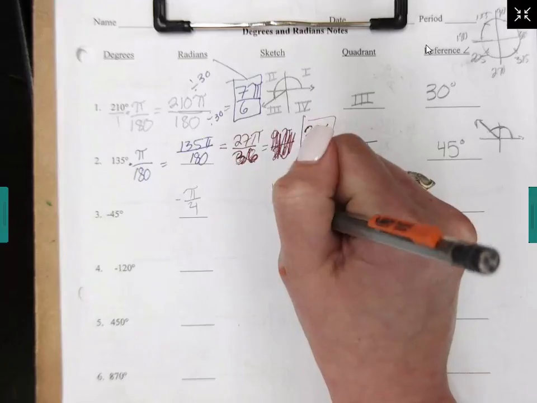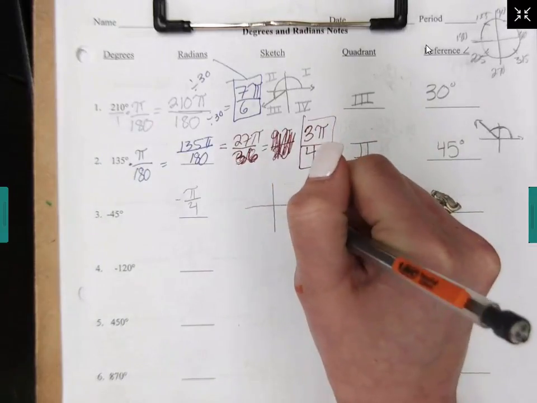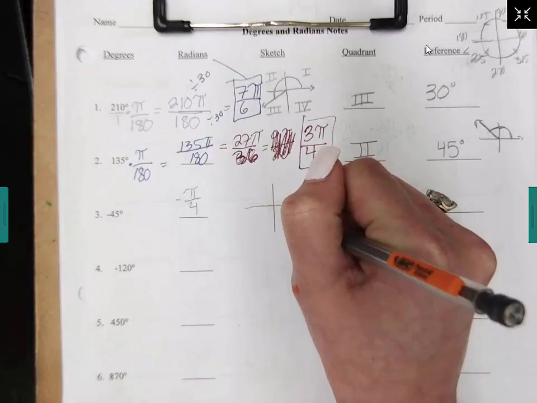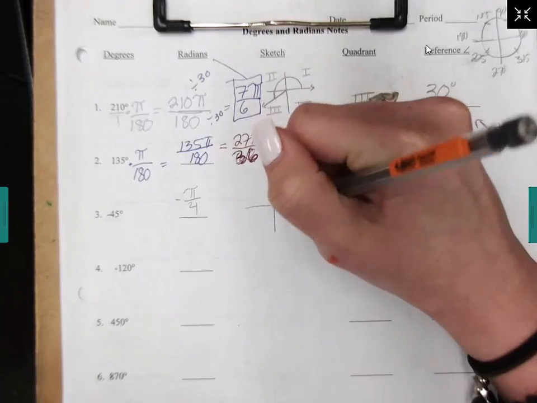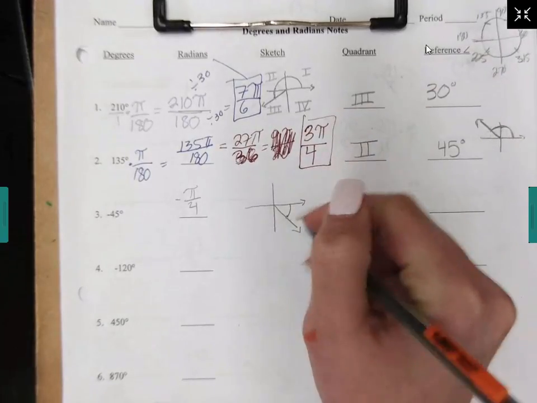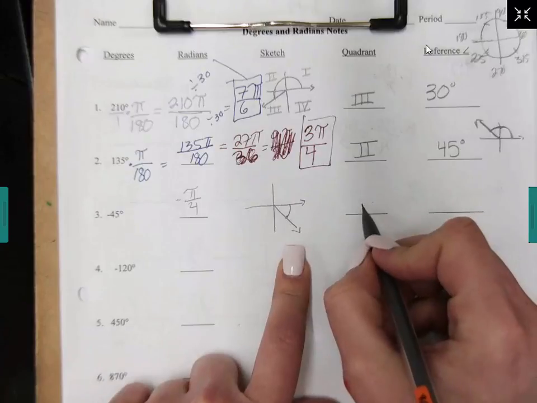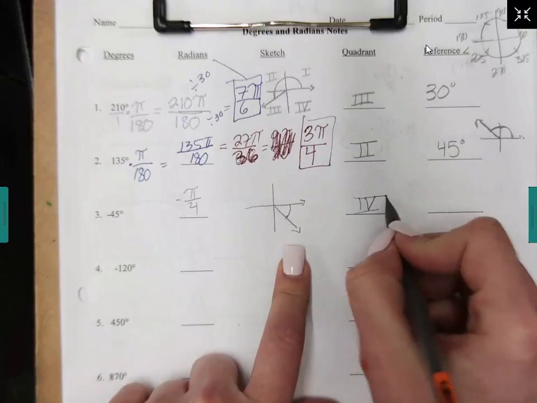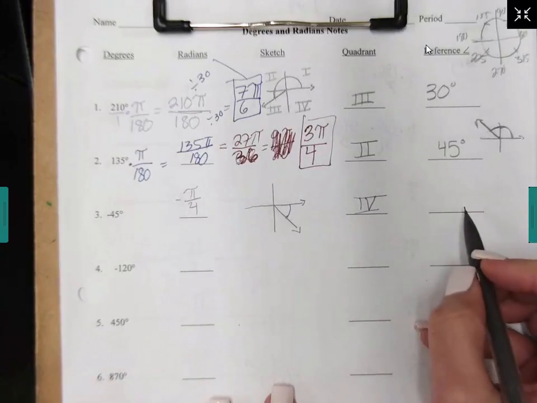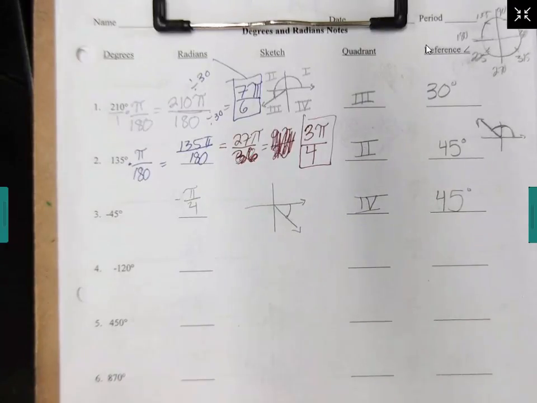Okay, so when we draw our sketch, we're going to start here, but instead of going up, we're going down, and we just go 45 degrees, so it's just right here. So this right here is our angle. And what quadrant do we end in? 4. Very good. And our reference angle is? 45. 45 degrees. Very good. Not too bad?